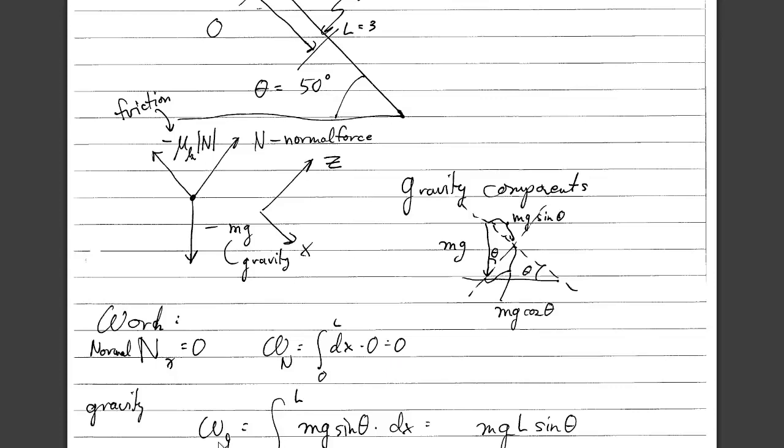The force of gravity has a component along the x-axis, and we have to be a little careful here because we have to put in the sign of the component, the plus or the minus. Is the component of gravity, mg sine theta, along the x-axis going to be plus mg sine theta or minus mg sine theta? The sign, the plus or the minus, not to be confused with the sine, is arbitrary and is determined by the direction of the component axis.